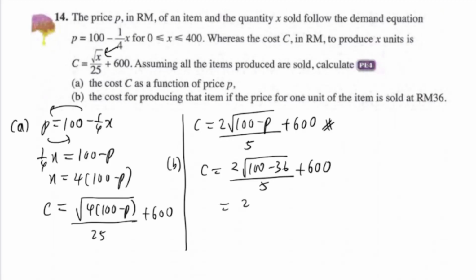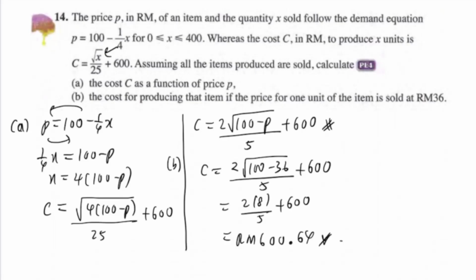Square root of 64 is 8. Divide by 25 plus 600. So this is 16 divided by 25, 0.64, plus 600. So it's 600.64. If you put in ringgit, it's RM600.64. Okay, that is number 14.